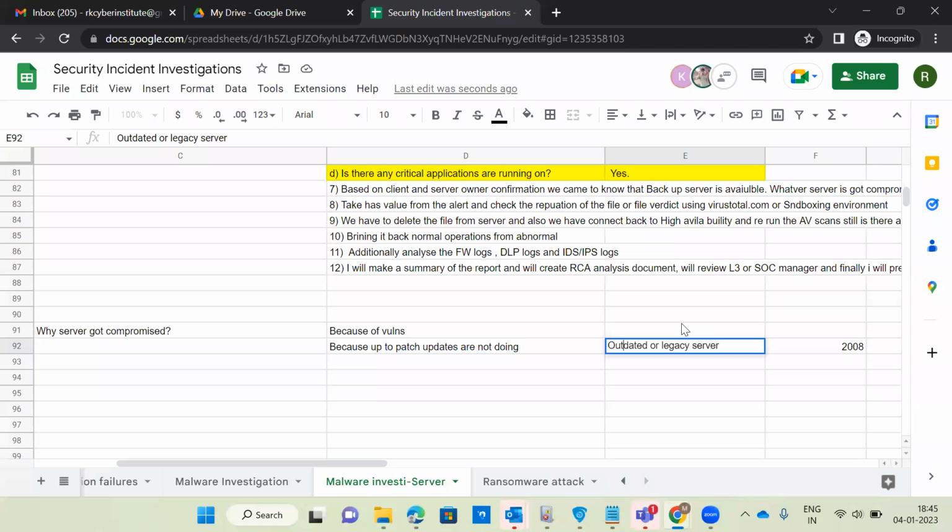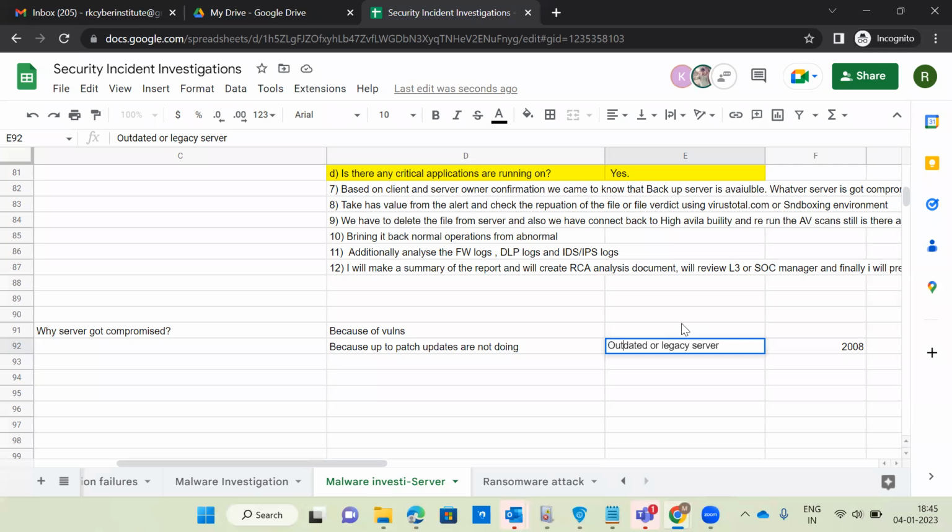If warranty is not available, for example for your TV or your mobile, will the vendor where you purchased it take care of the replacement or any other services? No. The same thing applies here as well. That's why we have to upgrade to the latest servers.